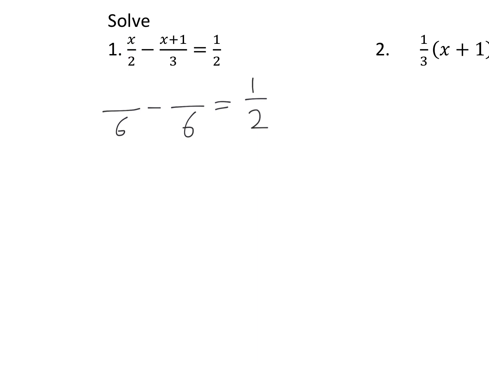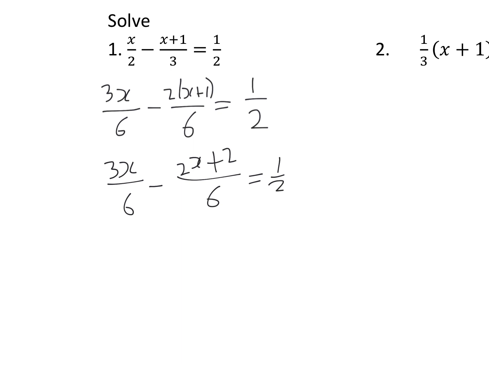On the left-hand side, then, if we go from 2 to 6, we're multiplying by 3. So x times 3 would be 3x. And this one here, we're going from 3 to 6, so we're doubling it, so we need to double the x plus 1. So 2 lots of x plus 1. So that's 3x over 6 minus, that will be 2x plus 2 if you expand that bracket out.